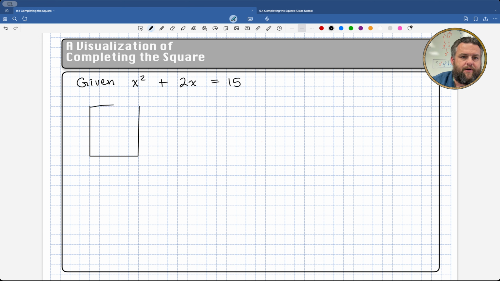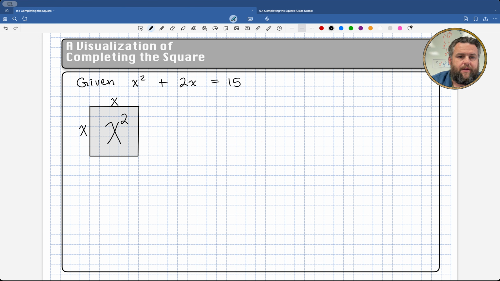It's not going to be pretty, but we're doing our best. So we have our square. The length of this square is x, the height of the square is x, and therefore the area of the square is x squared.